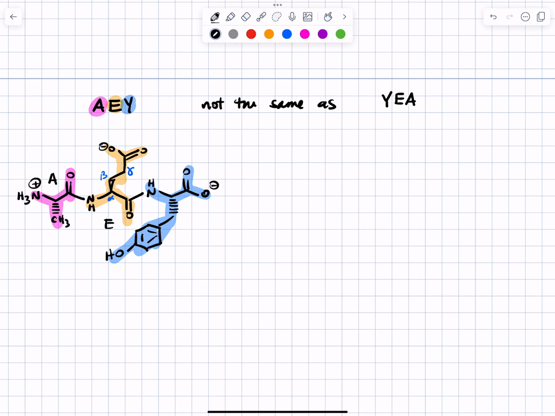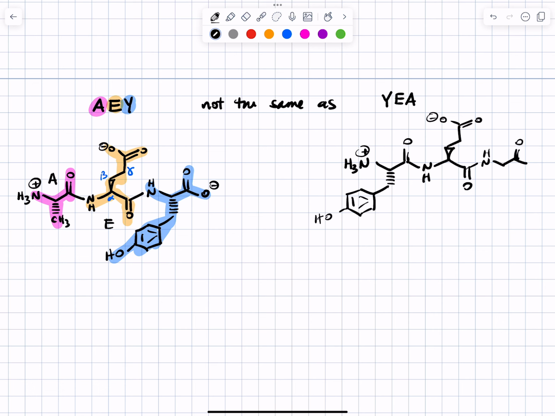If you make the peptide YEA, the Y is at the C terminus. The E is still in the middle. So that part at least is the same. And then the alanine, nope, got ahead of myself, there we go.